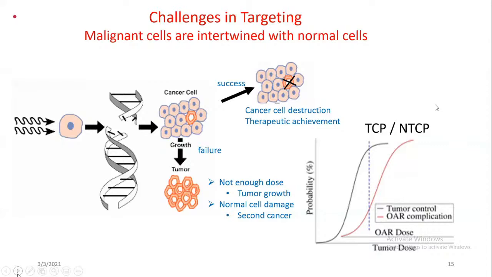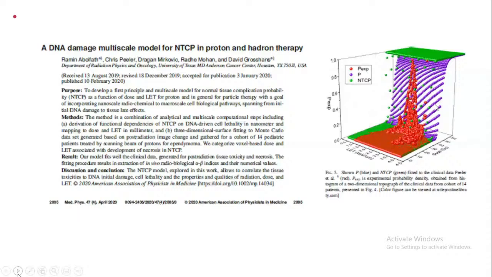In the case of heavy particles, TCP and NTCP are proposed to be a continuous function of the particle linear energy transfer, or LET. And that's the topic of this paper we published recently.